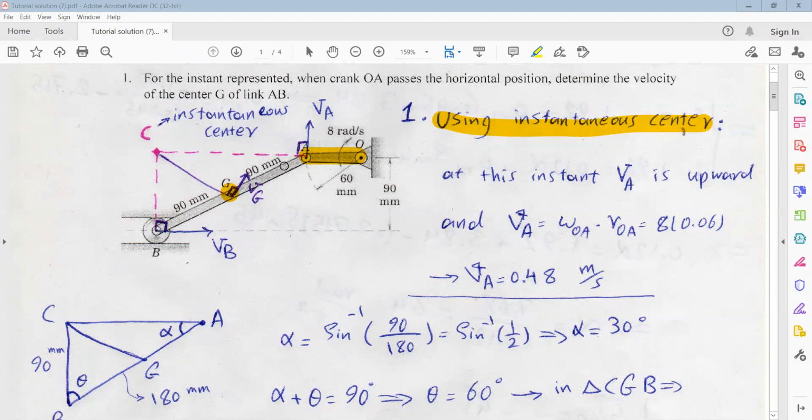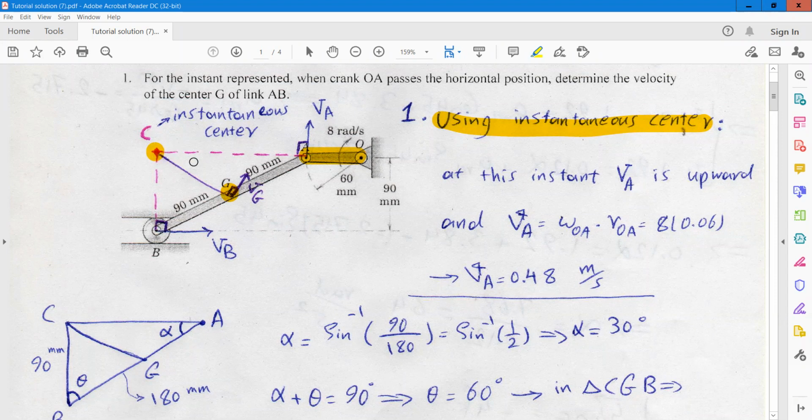So we can plot two perpendicular lines to VA and VB, as you can see, and this point, which is the intersection point, is the instantaneous center of zero velocity.